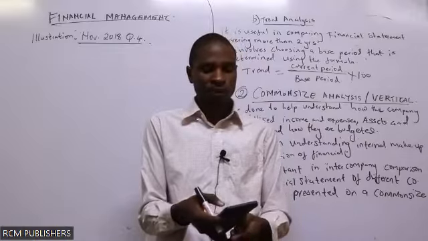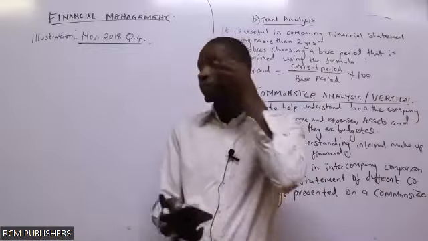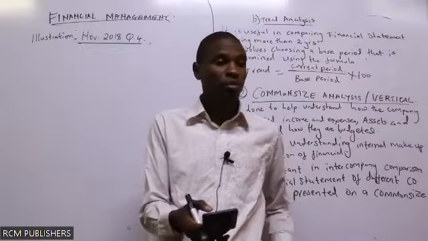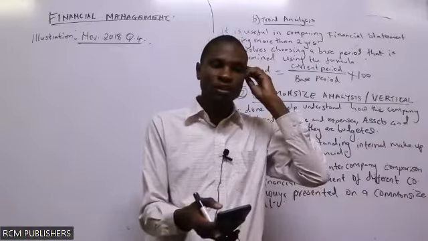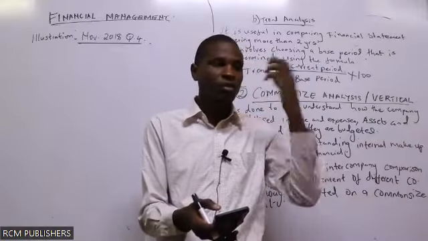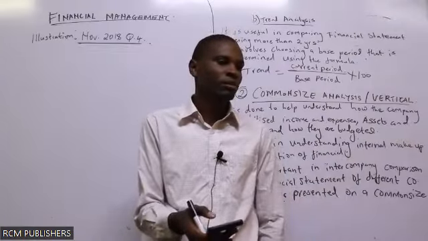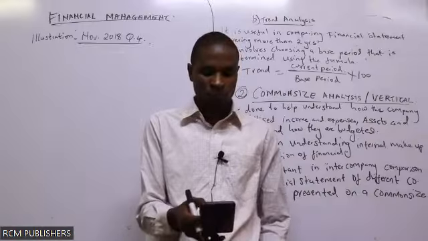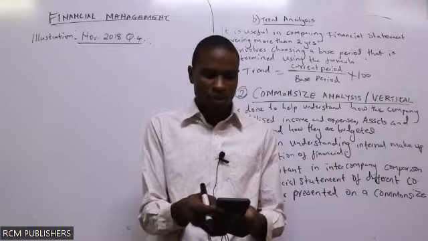So are we able to see this illustration? November 2018, question number 4. Remember, if you don't communicate, it will become hard. And if we get 2 or 3, we say that we are there. So let's learn to communicate effectively. Are we there?